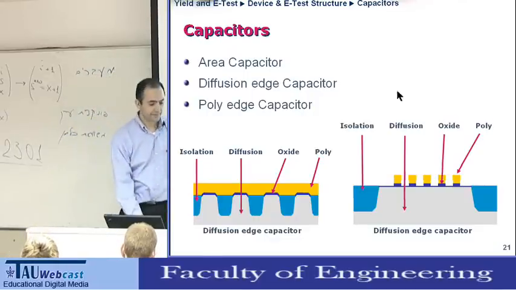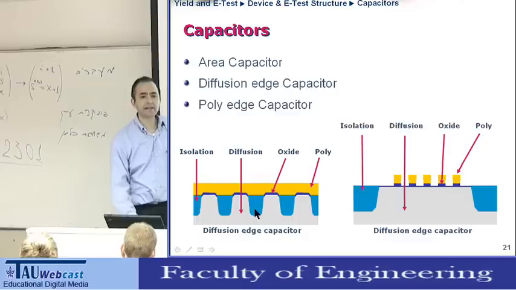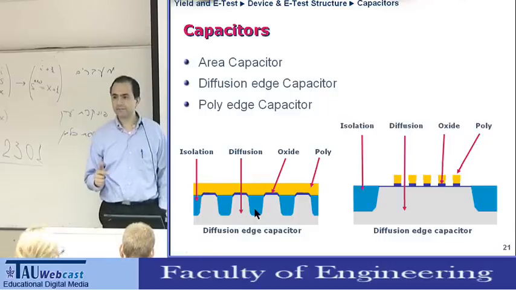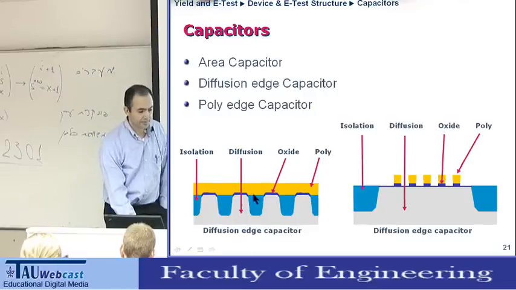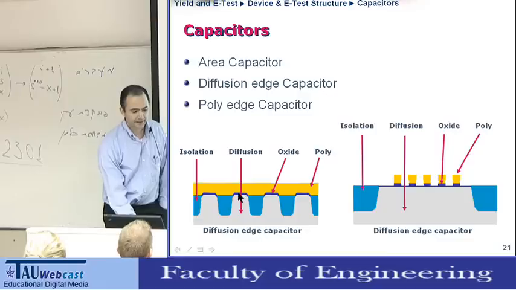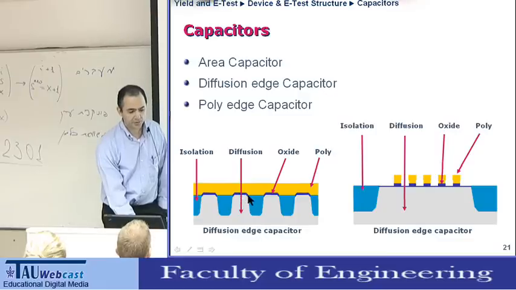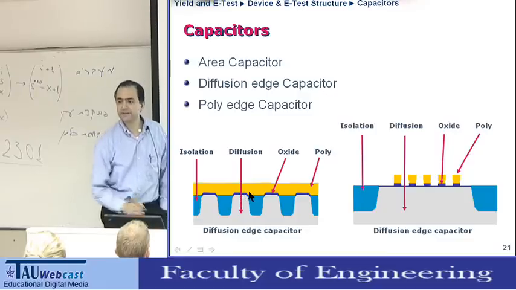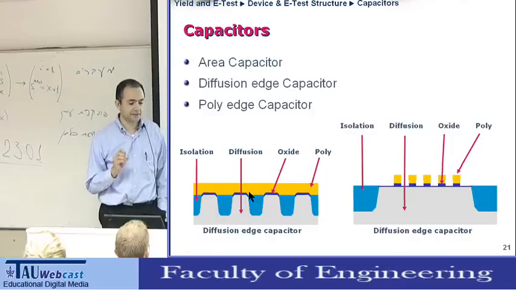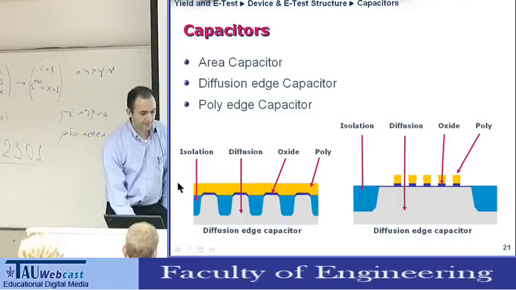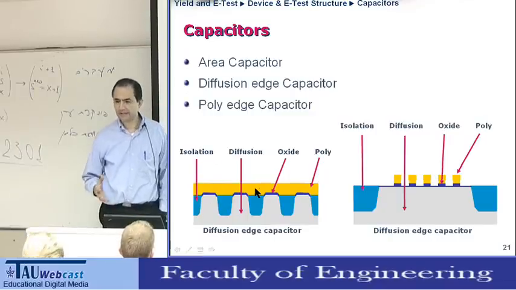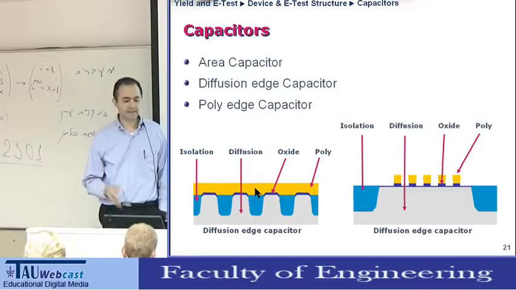So we make, this is an isolation, just like the one I showed you last time, an isolation trench filled with oxide. So we measure the capacitors, the blue is the oxide. So we measure the capacitors which have isolation edges. And this will tell us if there is a systematic problem in the edge with isolation. So the yellow will be, for example, a conductive layer, usually polysilicon.